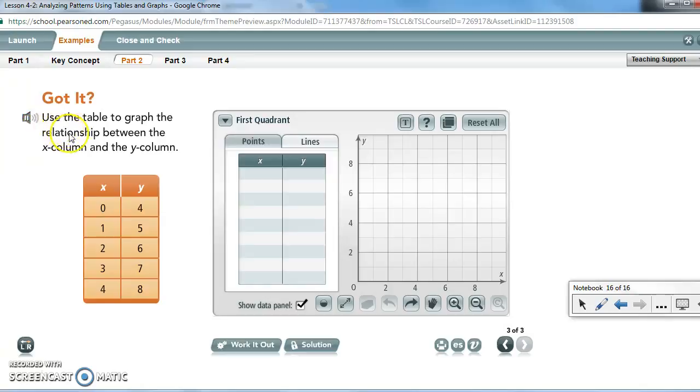Use the table to graph the relationship between the x column and the y column. So for this one, the x is right here, so it's left to right, and the y is up and down. So for x, if we have 0, and y, 4, that can start right here.